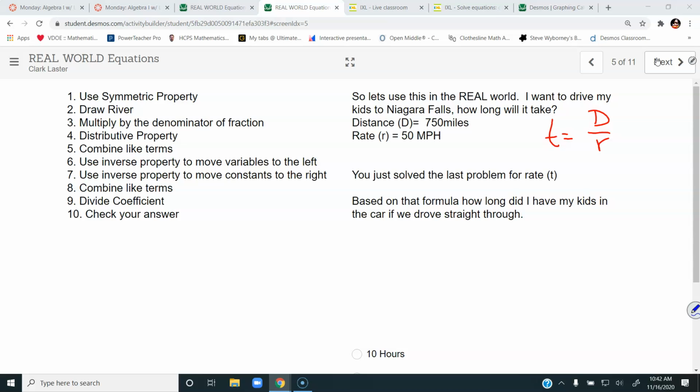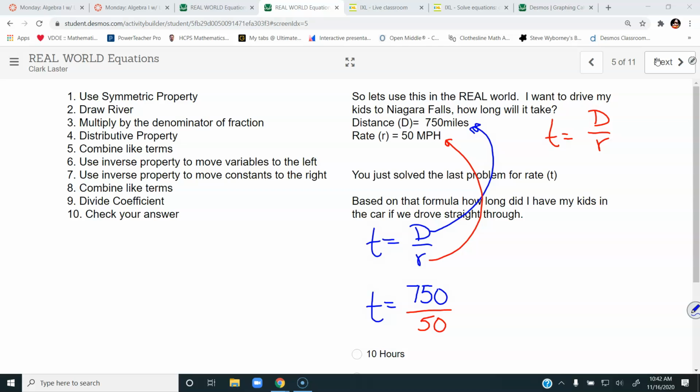The distance there, so T equals D over R. The distance is 750 miles, and the rate is 50 miles per hour. So I'm going to say T is equal to the distance, which is 750, divided by 50.